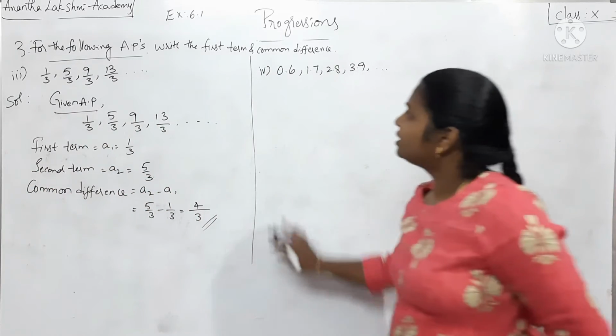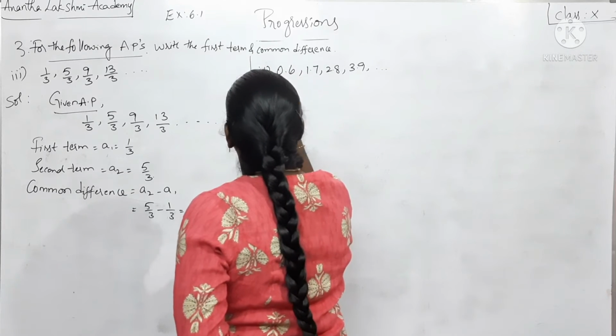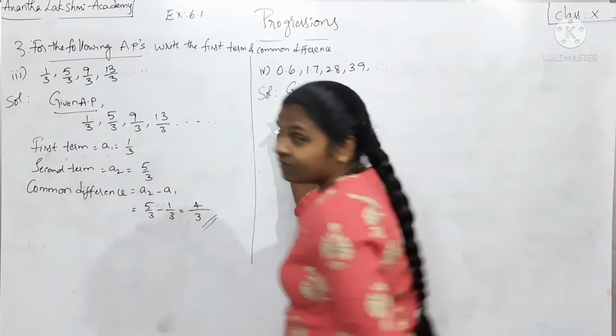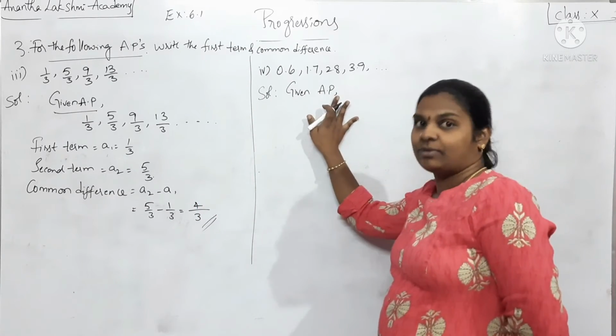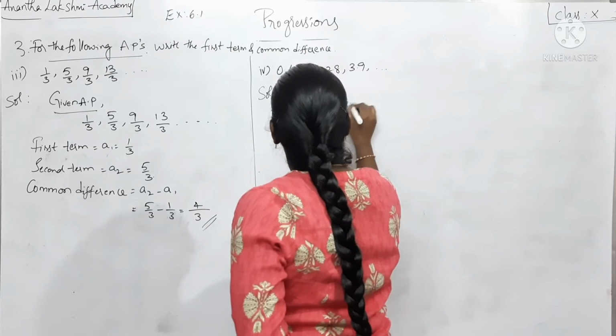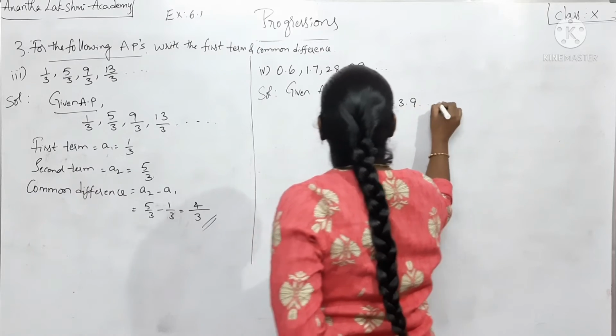Okay, let us look at the fourth bit of third problem. Given AP. That is the reason I am writing, instead of given, I am just writing it as given arithmetic progression because it is already given. Okay, 0.6, 1.7, 2.8, 3.9 and so on.